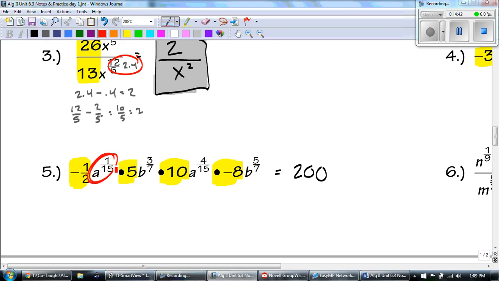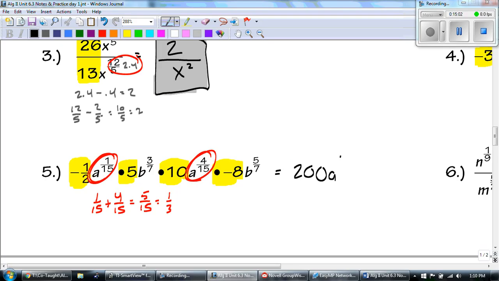And now I want you to make sure you're combining the like bases. Okay, so you have 1/15 plus 4/15. You can add them, and then reduce them.